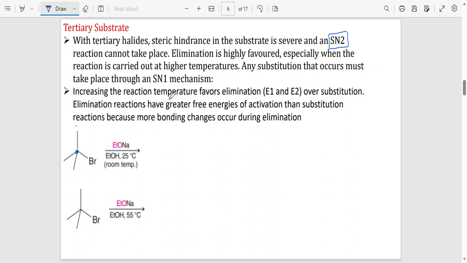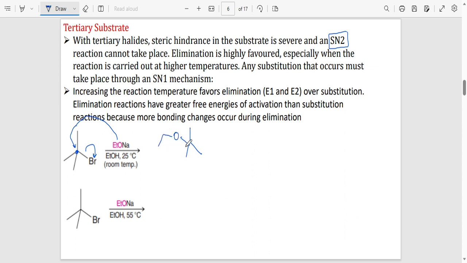Of course, a little product can be seen when the temperature is low. You can see here we are using a lower temperature, so you might see a bit of SN2 product. What is going to happen? This one will come like this and attack from the back. This bond is going to be broken, so we are going to see something like this, and then the ethoxy will join at this position.